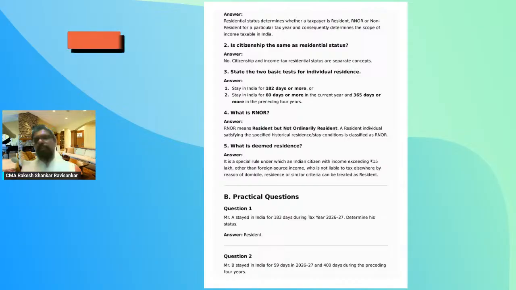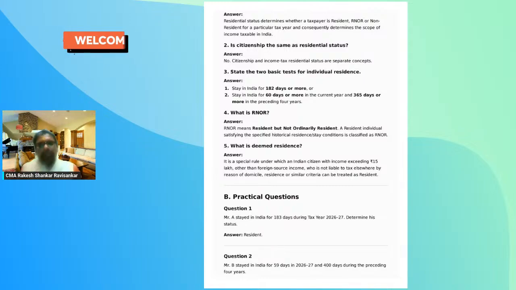Is citizenship the same as residential status? No. Citizenship and income tax residential status are two different parameters. The basic test for residence has two conditions. The first condition says 182 days or more. The second condition says 60 days or more in the current tax year, plus 365 days or more in the preceding 4 years.